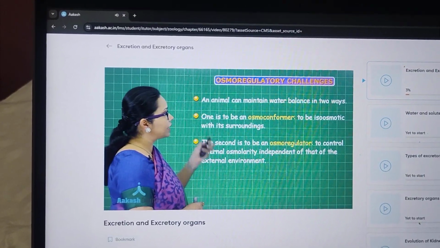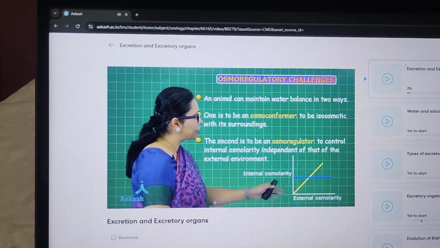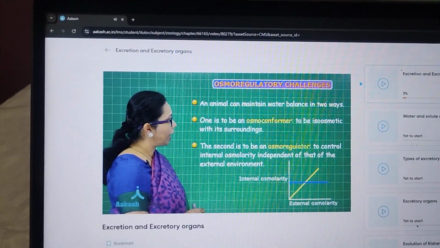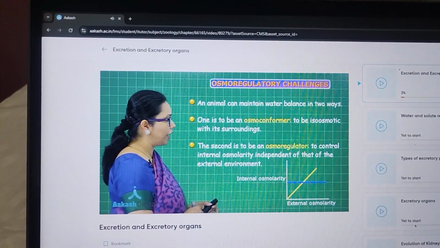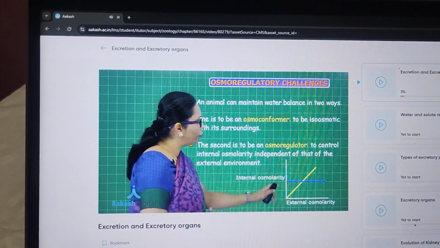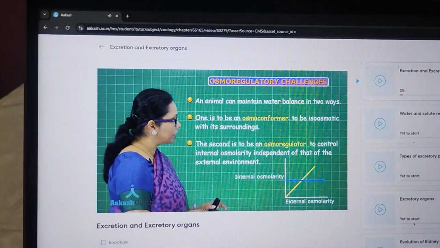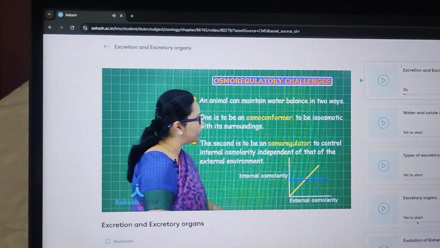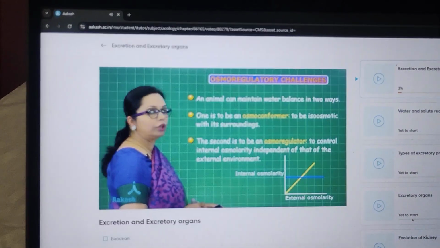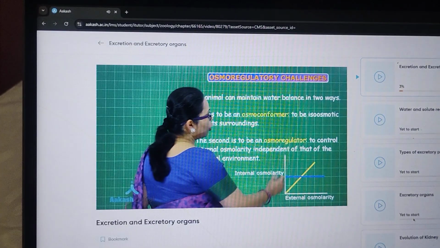So if we put this entire thing in a graph, on the x-axis we have taken the external osmolarity, and on the y-axis it is the internal osmolarity. Now here you can see one is a straight line like this, rising. That means as the external osmolarity is changing, so is the internal osmolarity. Now this would be a case of conformation.